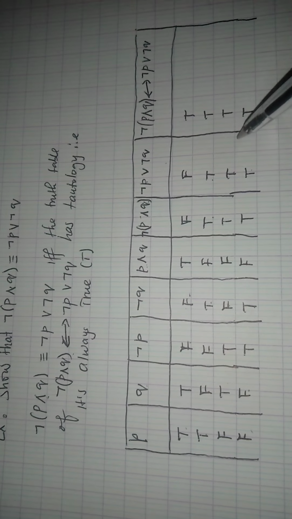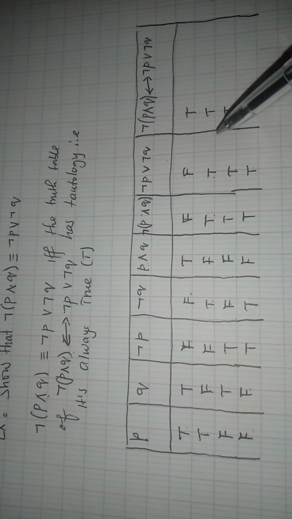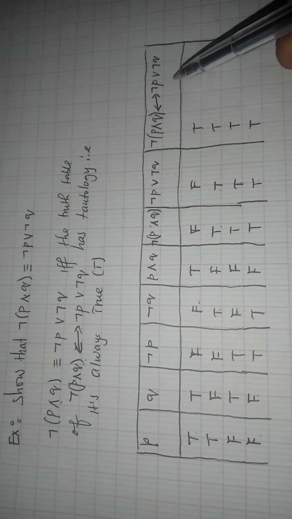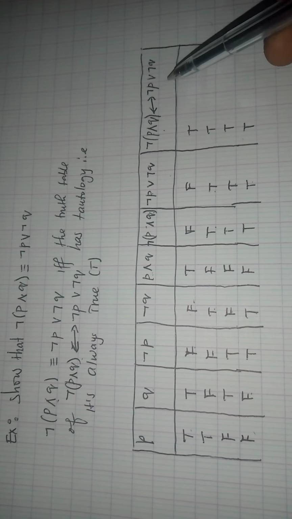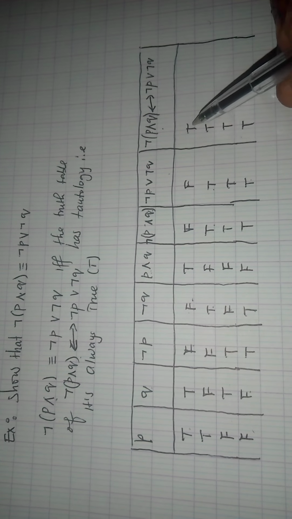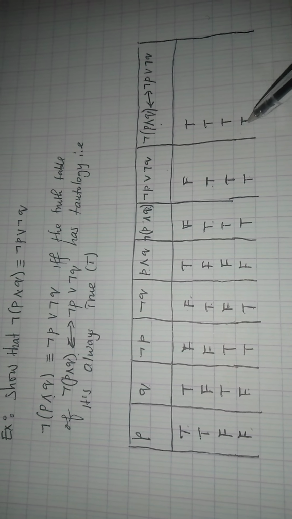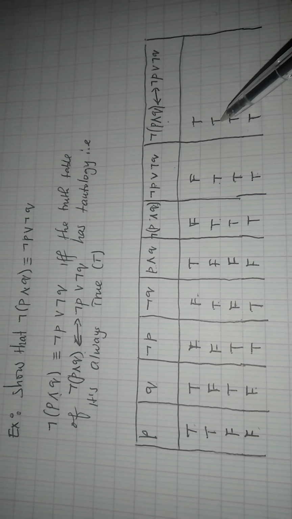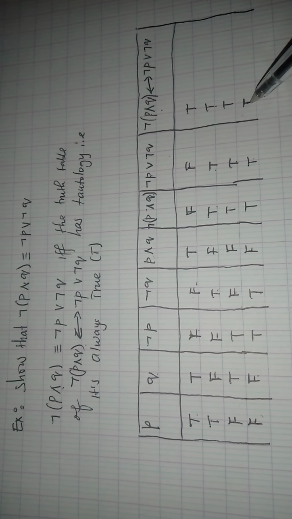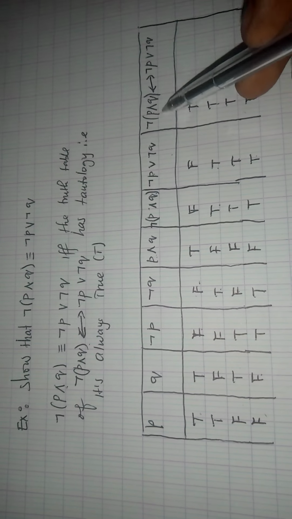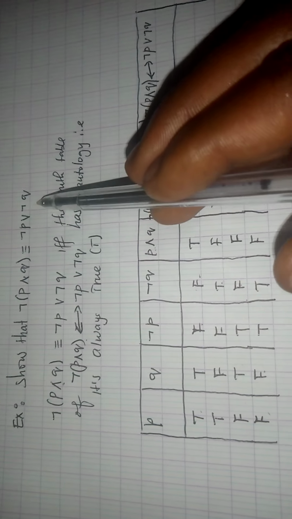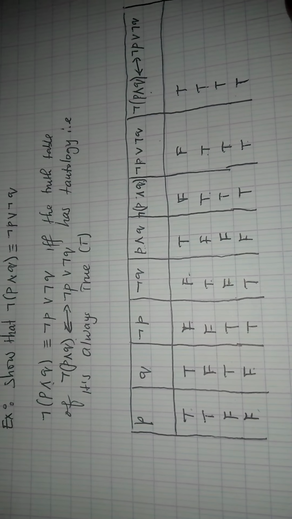So after making the truth table, our truth table is done. The bicondition of the two propositions has a truth table which is a tautology, meaning always true. You see, there is no F. Now it's a tautology, so we conclude that the propositions which we were given are logically equivalent.